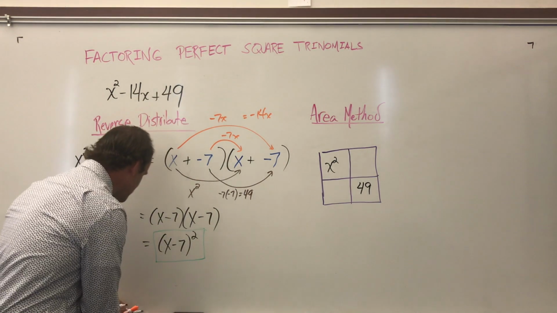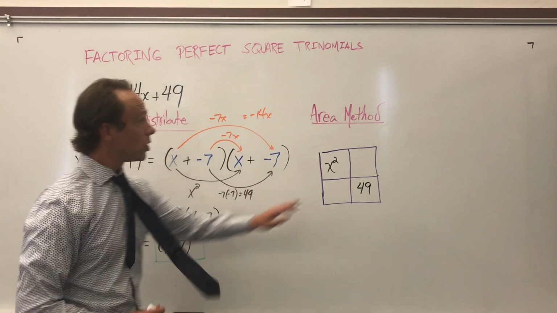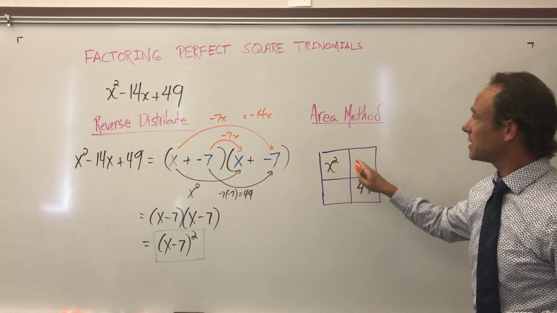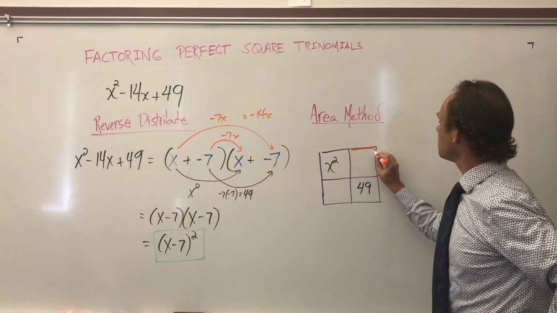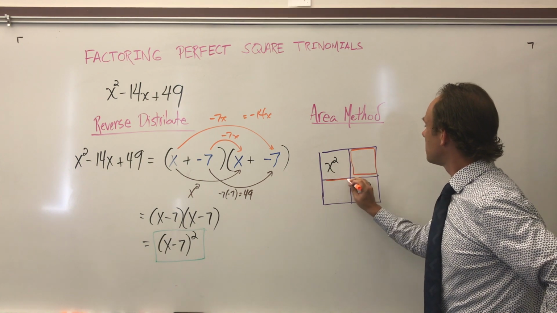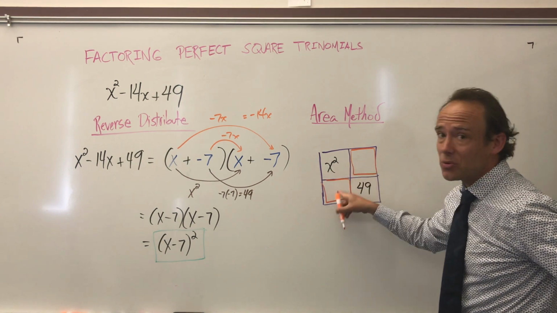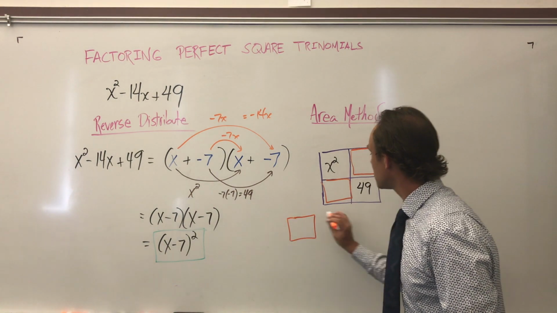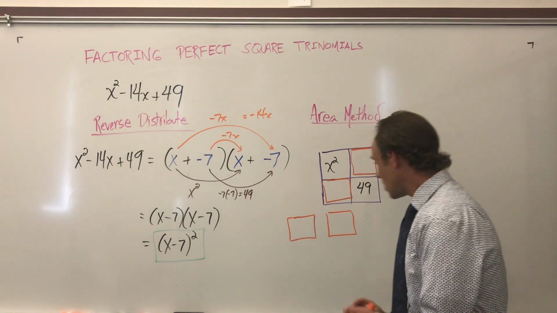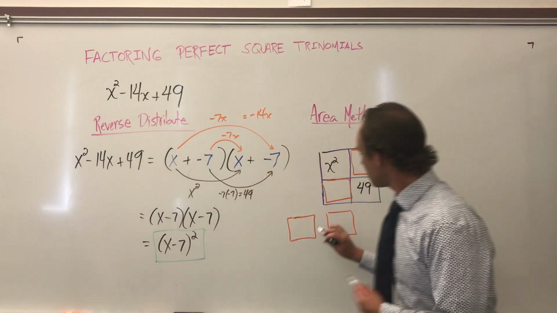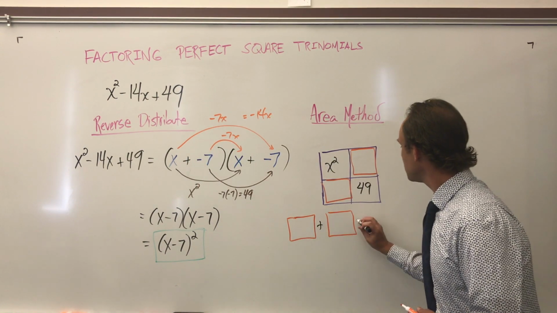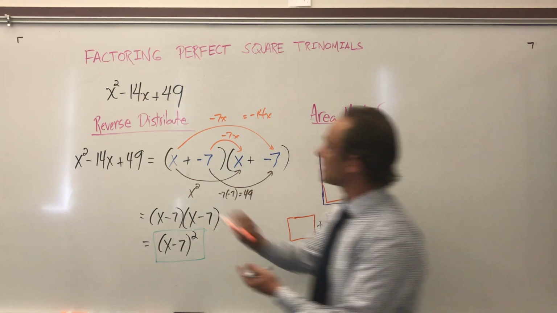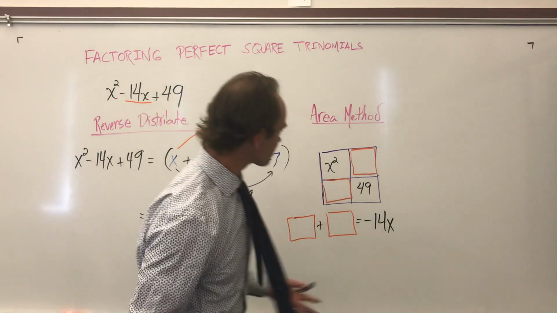Now, as far as these two, when they're these level 1 perfect squares, they're going to be the same, and you'll figure out your own patterns here. But in general, we don't know what goes there. We just know what it has to add up to. We know that if we add these two up, it has got to be minus 14x. It has to be the middle term.